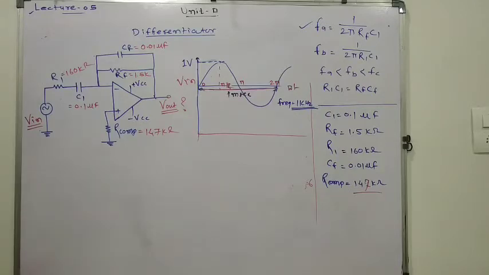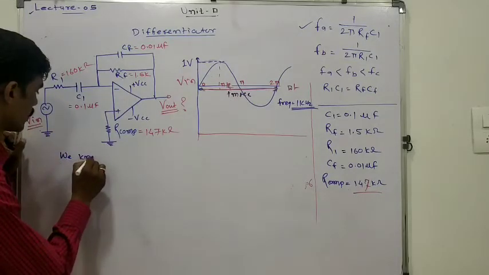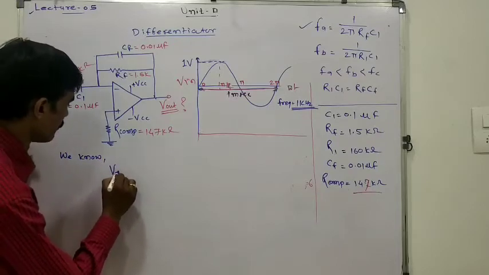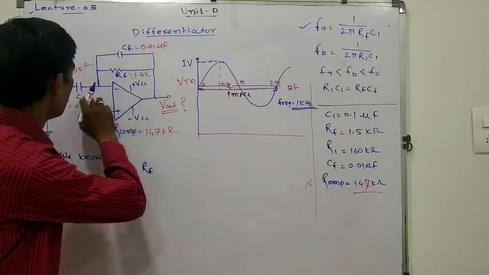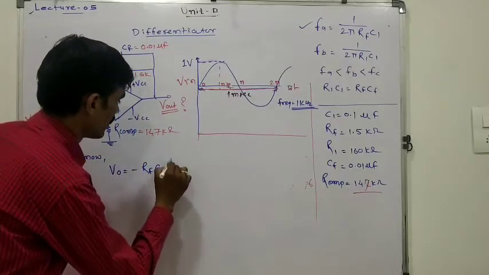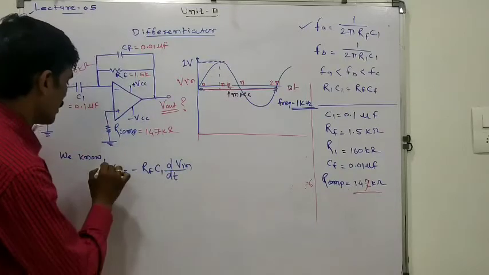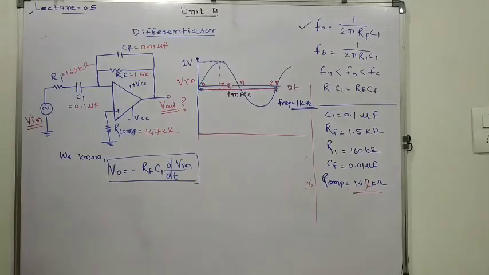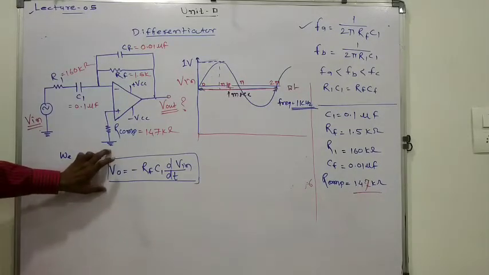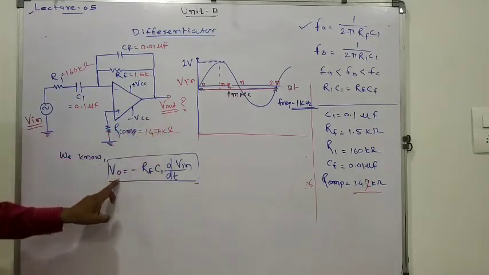We know that VO is equal to minus RF C1 d/dt of V in. This is the standard formula for the active differentiator using an operational amplifier. This is for the V out.